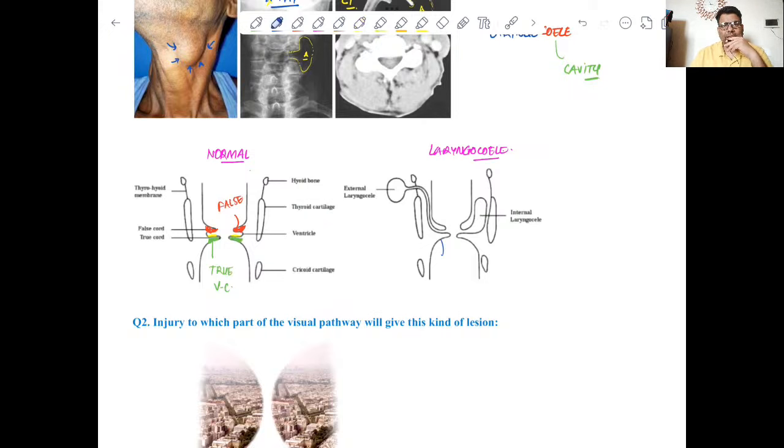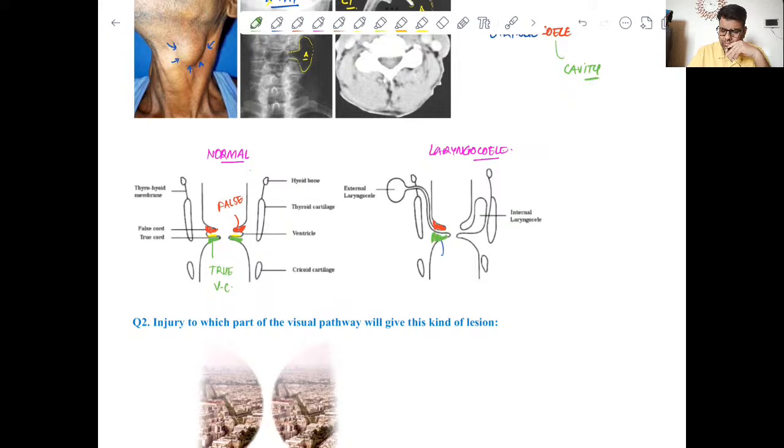Now what happens in laryngocele, there is expansion or extension of this ventricle which is present between the false vocal cord and true vocal cord, right? So if you see here, this is the false vocal cord, and below that we have the true vocal cord.